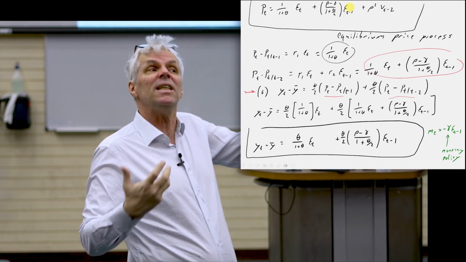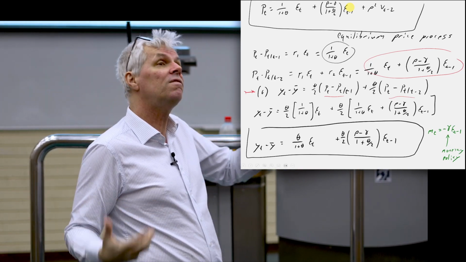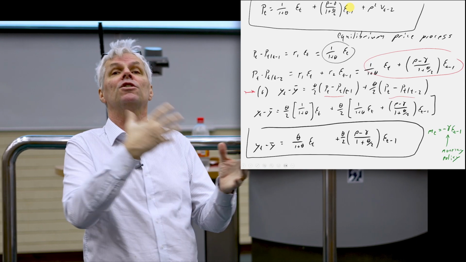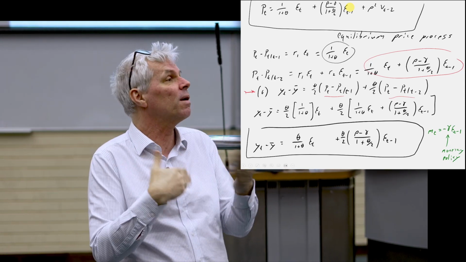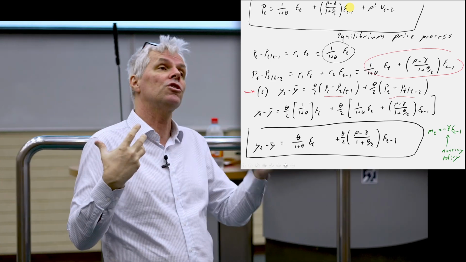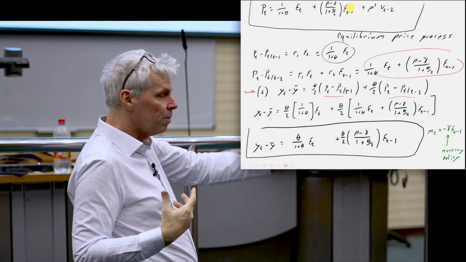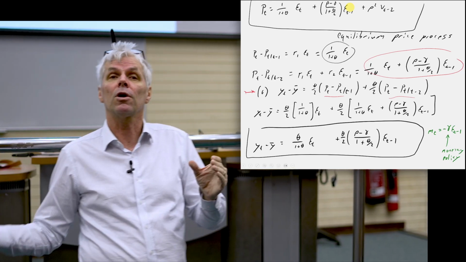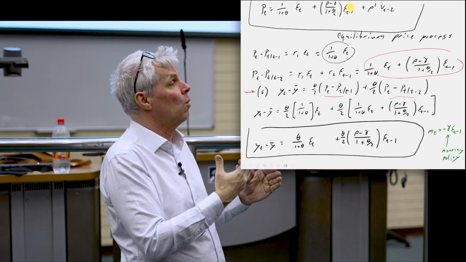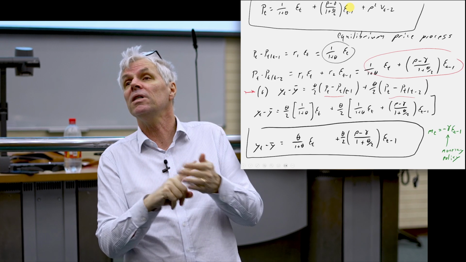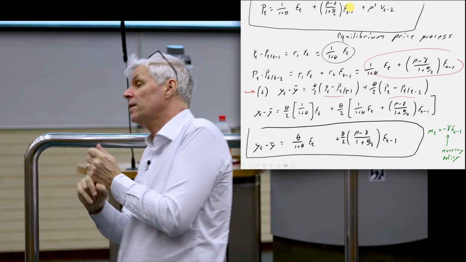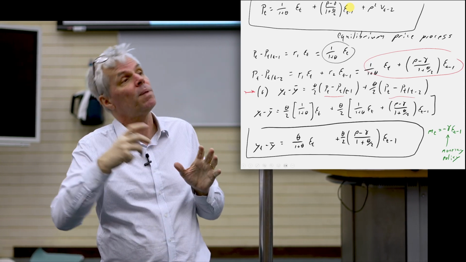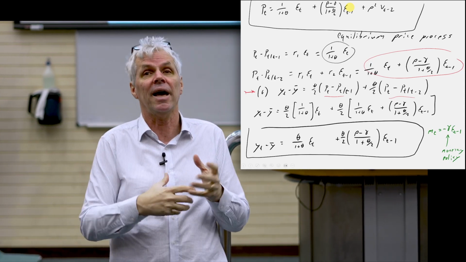Because if they didn't match up, eventually people would update how they're forming their expectations. In real life, they don't have to match up every minute, of course, but in the long term, if the central bank is behaving in a particular systematic way, people are going to eventually learn what that systematic way is. So this gamma is important to us both because it's our policy, the system we're using to set monetary policy, but also because people are trying to predict that, and so they know that system too.